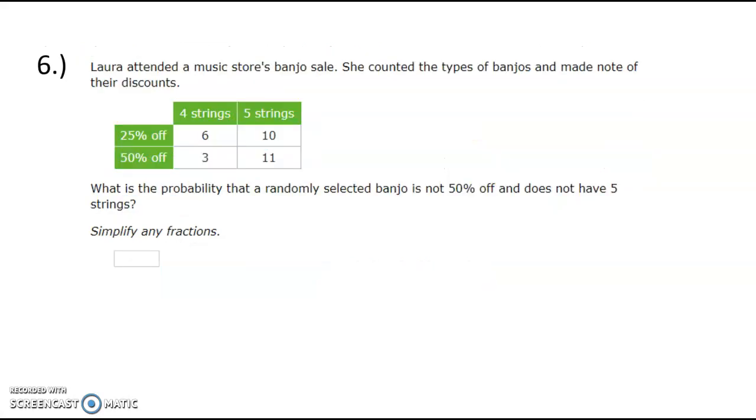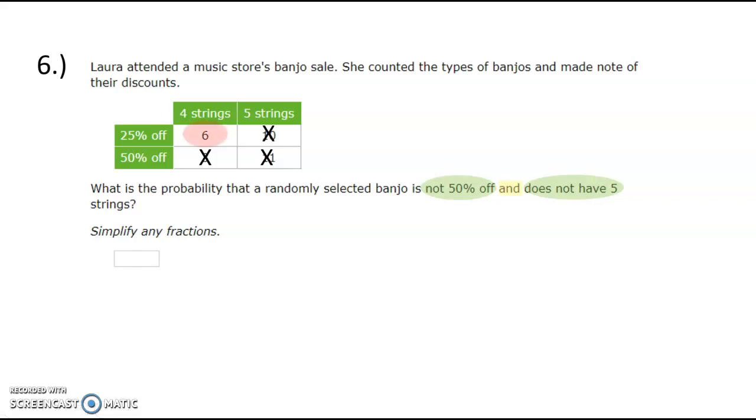Last example. What is the probability that a randomly selected banjo is not 50% off and does not have 5 strings? In this problem, I'm going to highlight the key words, not 50% off, and does not have 5 strings. I'm going to cross out all numbers represented by 50% off, and I'm going to cross out the number that represents 5 strings because we don't want to include that number.